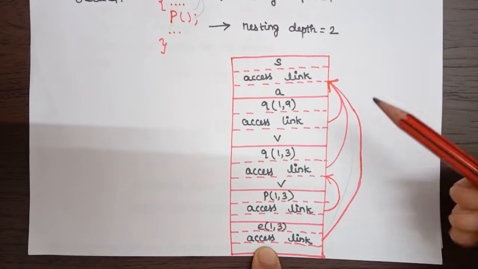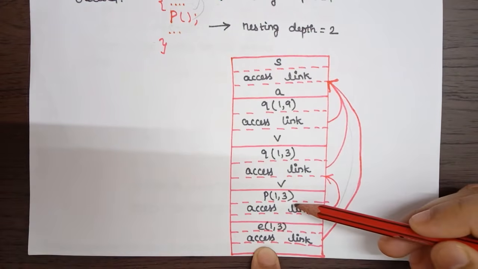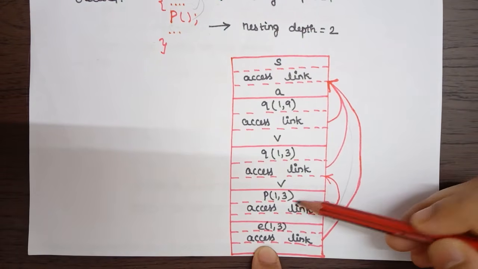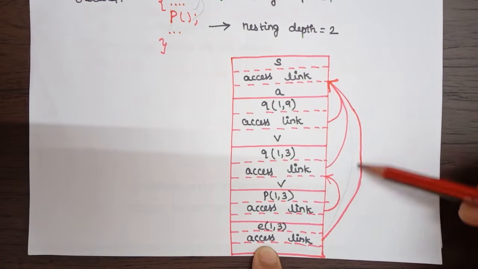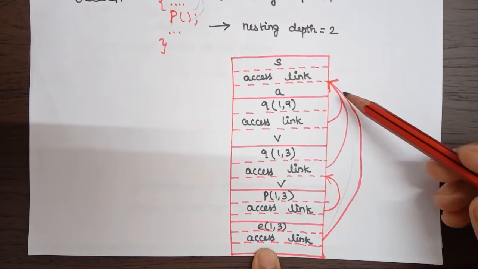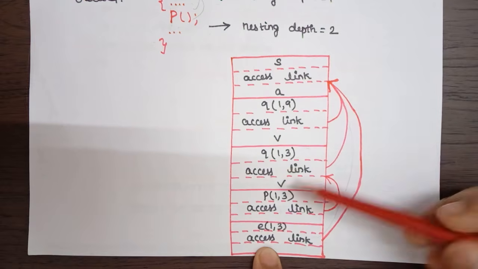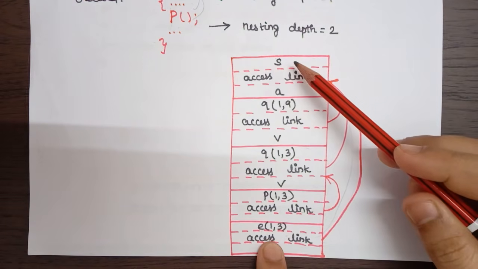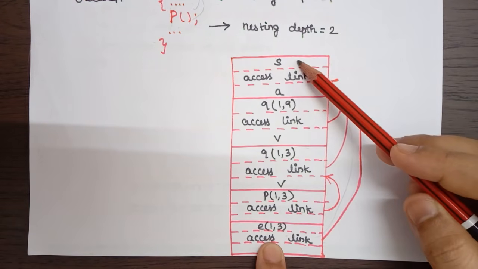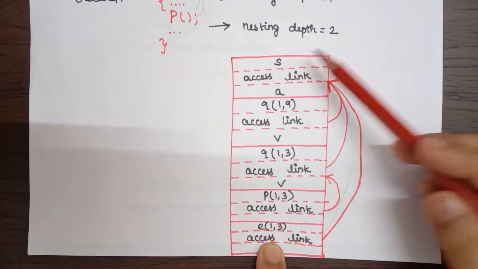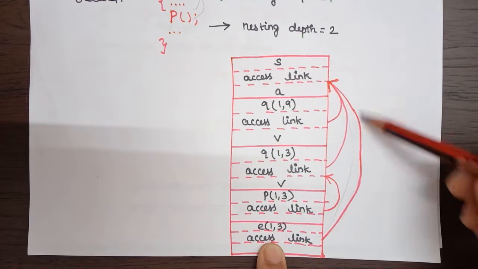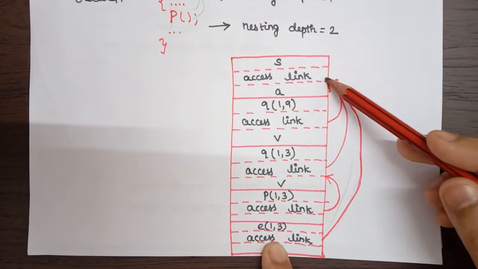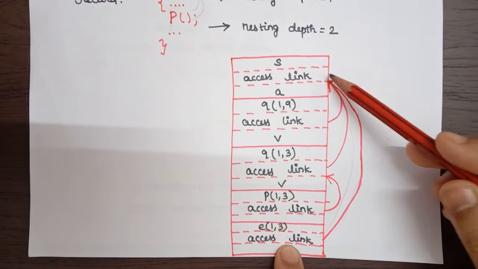When you look at this access link, it bypasses the partition as well as the quicksort. After that it goes to the sort that it is nested in. Exchange is nested directly within sort, so the access link is pointing to the sort, that is, linking to the activation record of sort.